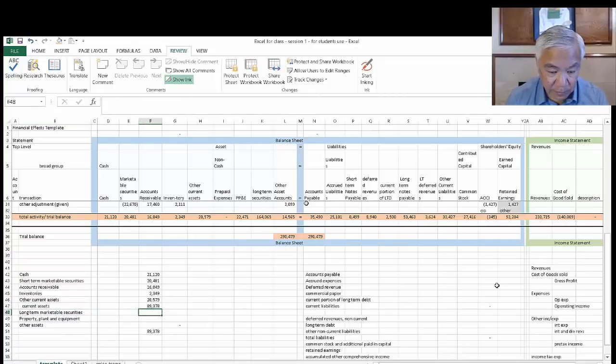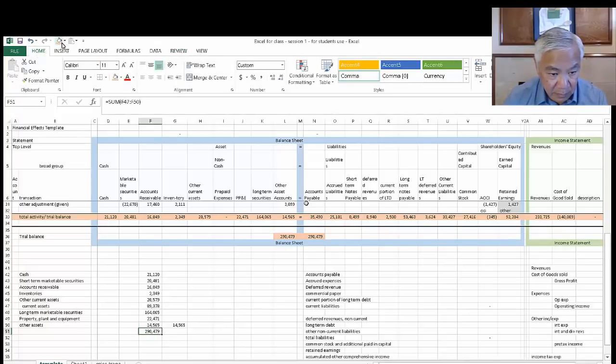Next we have long-term marketable securities, which are right here, 164. We have property, plant, and equipment net, which is the gross minus the accumulated depreciation. And we have other assets of 14. So our total assets are 290, and I'll just make that number more prominent. And we'll compare to liabilities and equity. So here we can go with accounts payable, which is 35.